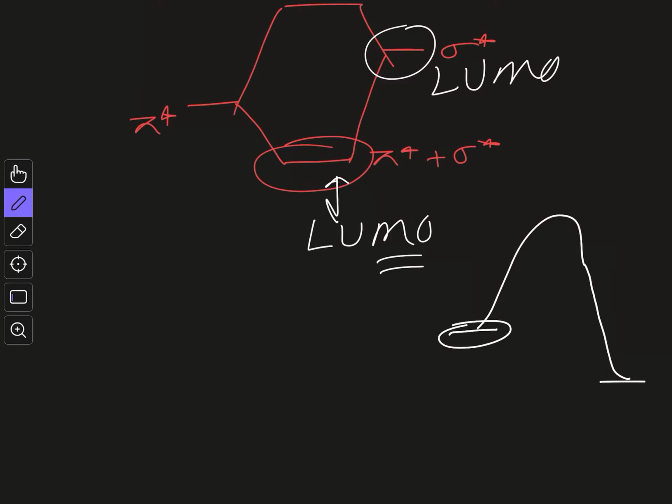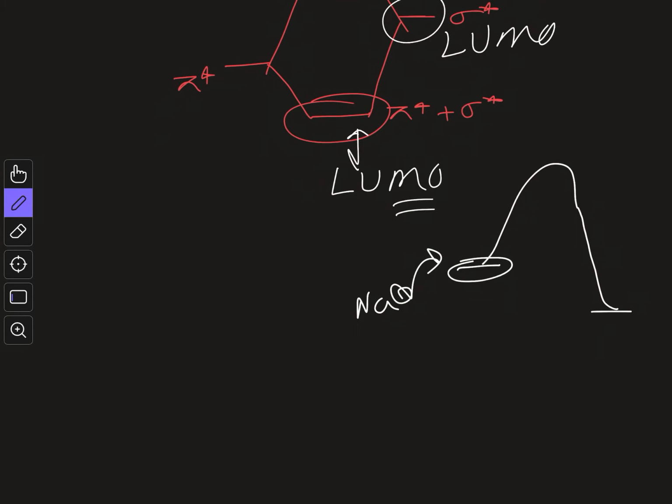You are lowering the energy of the LUMO. That means now your nucleophile can easily attack your starting material. Similarly, how can you lower the energy of the transition state? In the transition state, this is your leaving group, and this is your nucleophile. So this is how the transition state of SN2 looks.